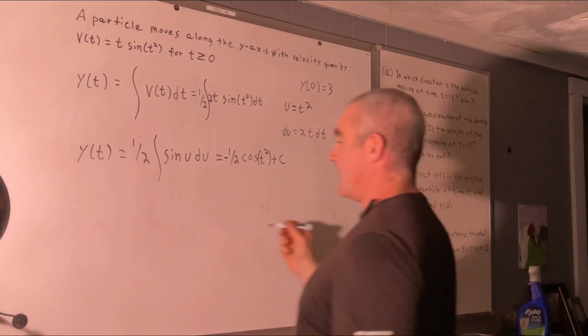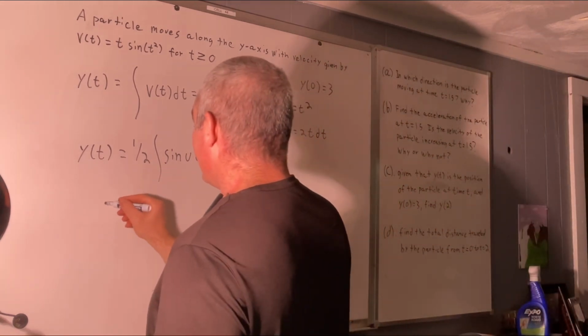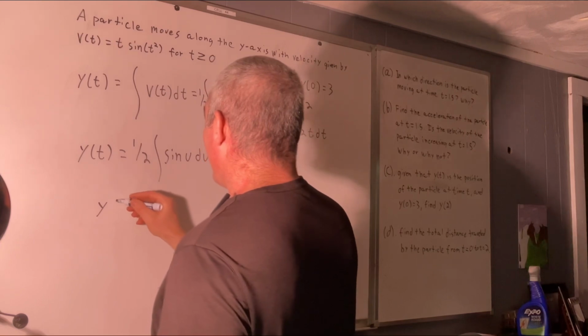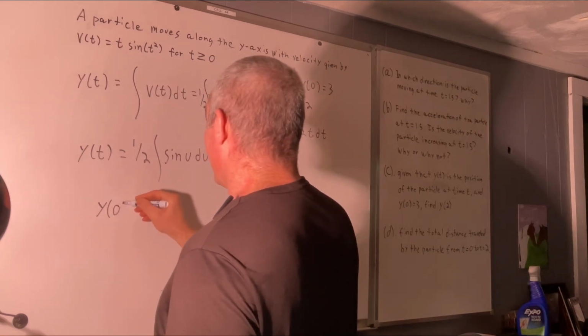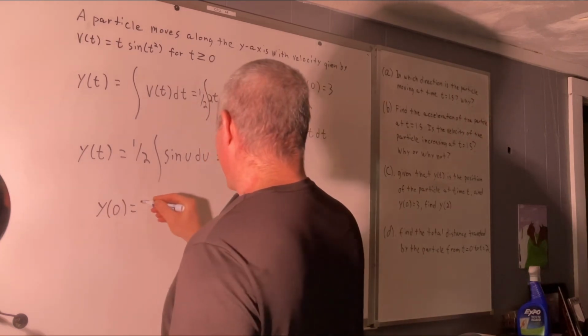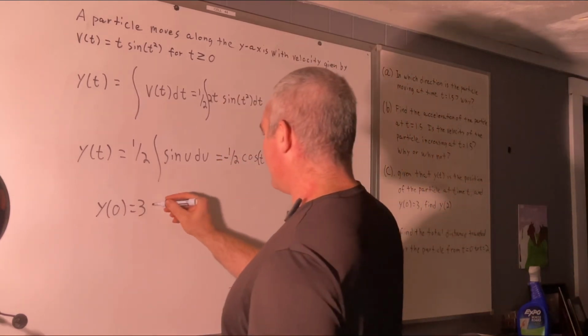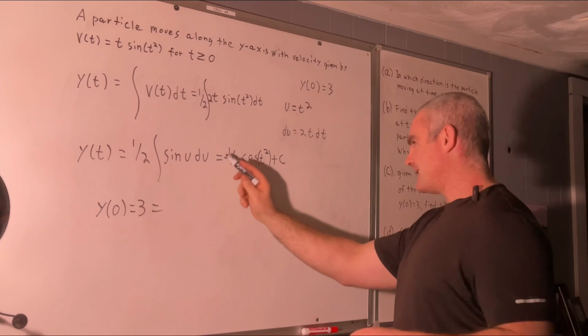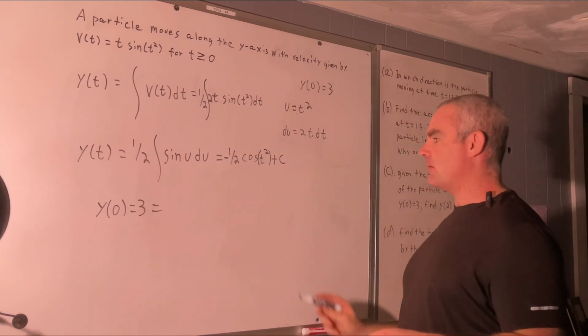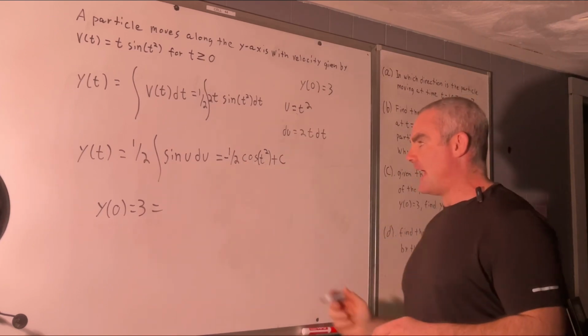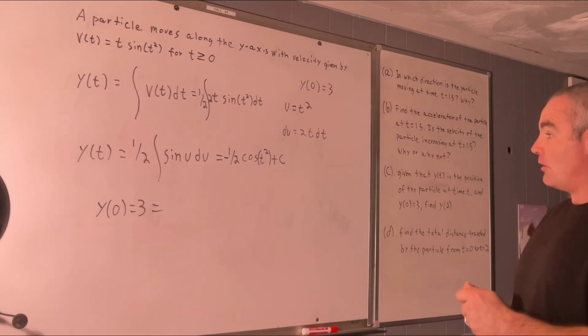So let's write that. We have y of 0 is equal to 3. I'm just copying that directly. But also, what is y of 0? It's also equal to this thing when t is 0. So we have negative 1/2 cosine of 0.